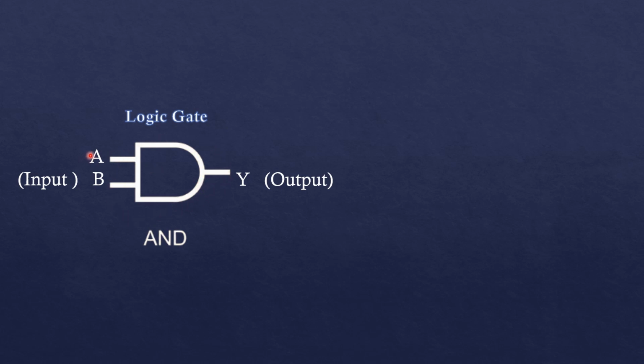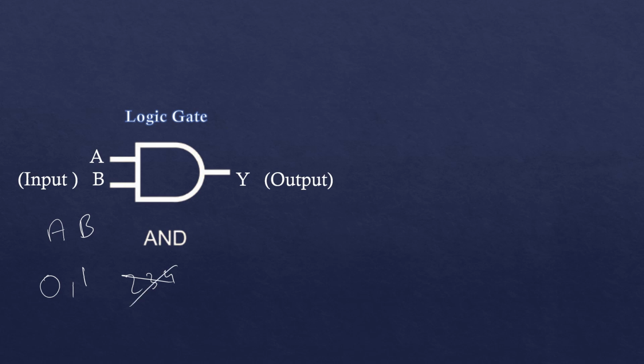It has two or more input signals, like here you can see A, B, and maybe more, and only one output signal, like here Y. A and B can have values of zero or one because they are binary values. So you can't have 2, 3, 4.